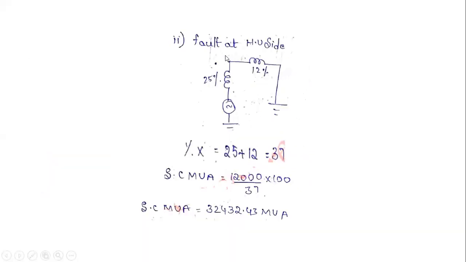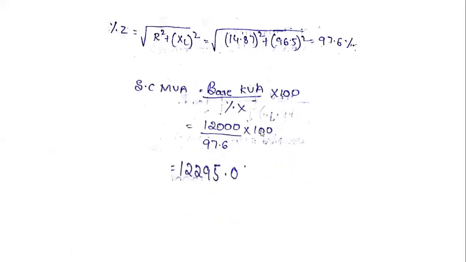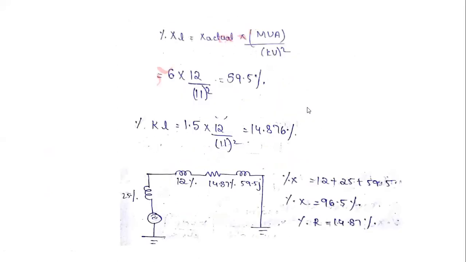Next, we calculate the fault at HV side. How will we calculate the fault at HV side? In the HV side, the percentage X value is 12%. This is the transformer and this is the generator.